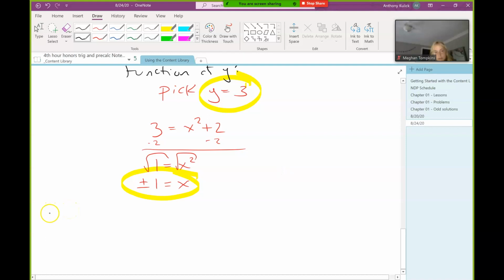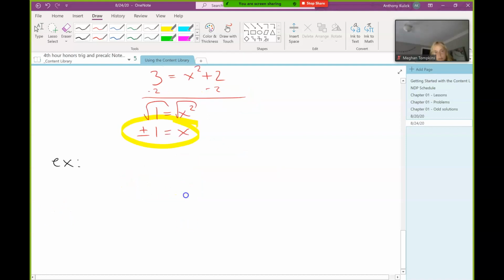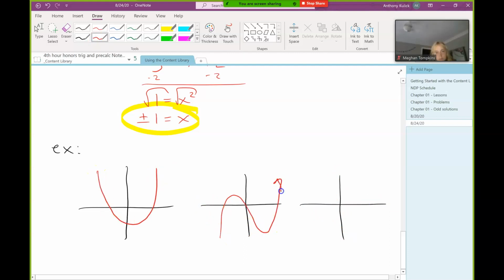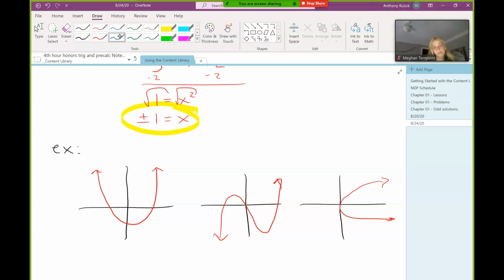So another representation we can have for a function is with a graph. Should probably put arrows at the end of these. Do you remember the easy way to check if a graph represents a function or not? Yes, sir. Great. What kind of line? Vertical line, yeah.